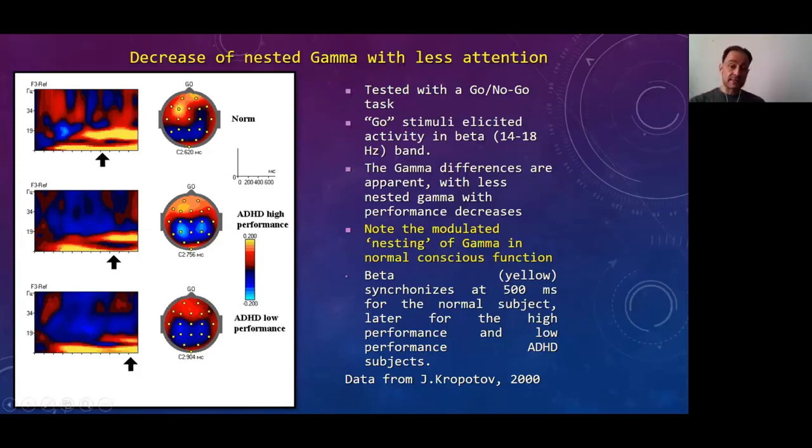Highly traumatized individuals will present with less nesting and less coupling, meaning in layman terms, their brains are operating at a slower pace. And that's significant because if you have a brain that's compromised due to trauma and they're not processing speed in the right way, well, they're going to have problems.